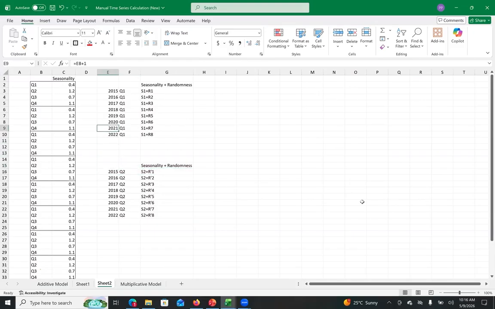Now what I will do is I will take an average. Average of what? All of these values: seasonality component S1 plus R1, plus S1 plus R2, plus S1 plus R3, plus S1 plus R4, and so on.